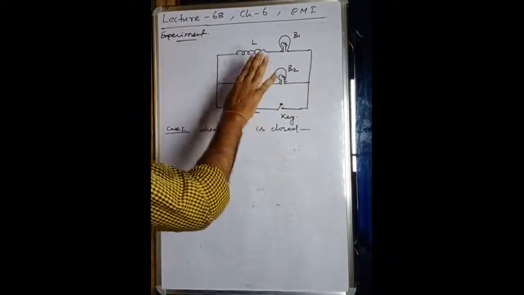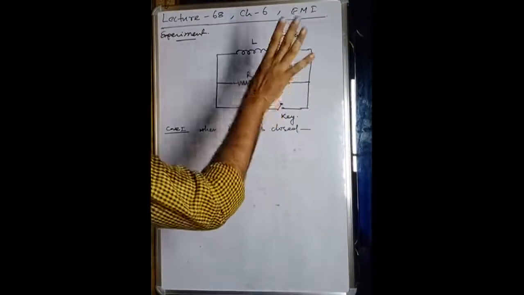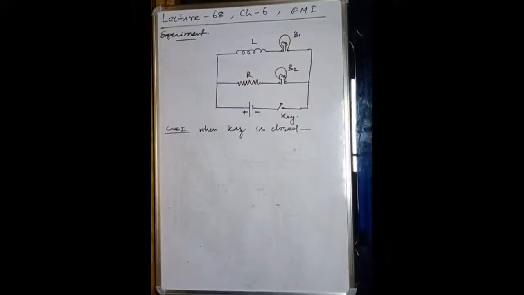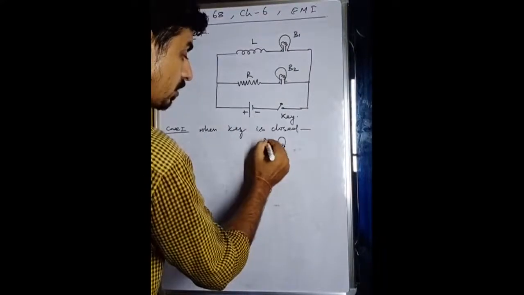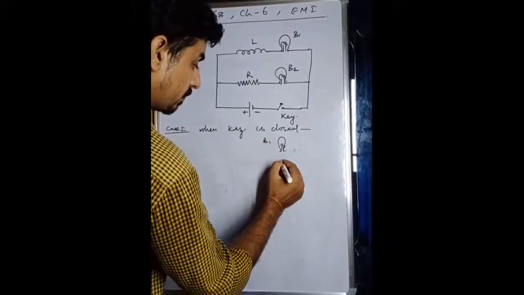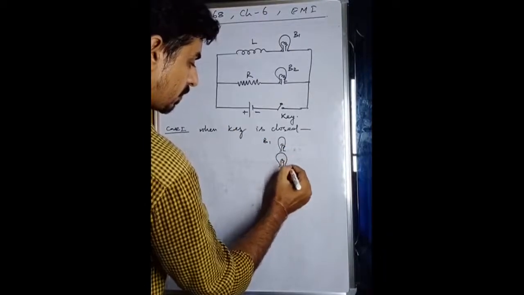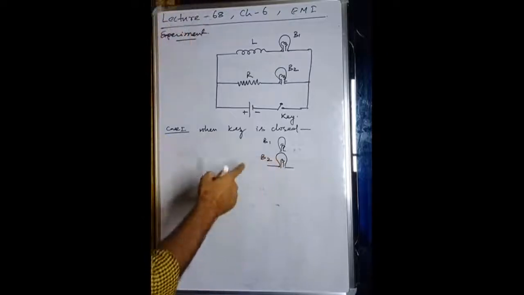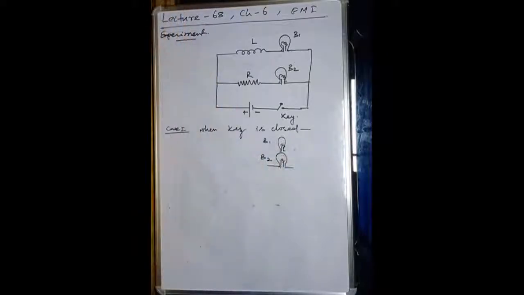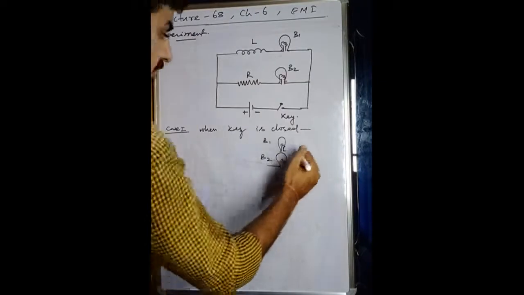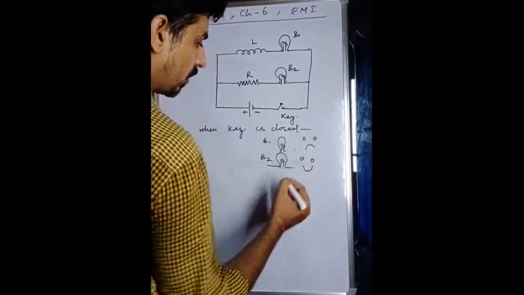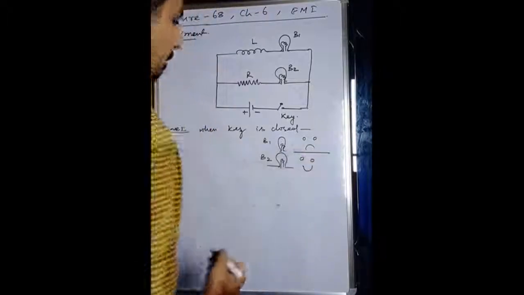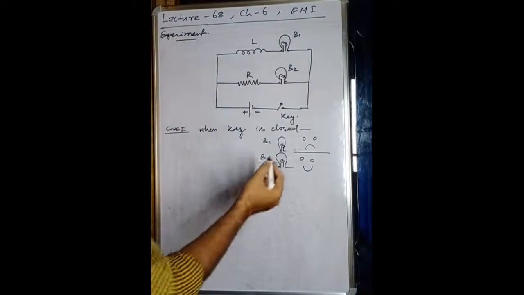As soon as the key closes, the bulb B2 will glow, but bulb B1 will not glow with its actual power. It will have a dim light. Why does it happen?